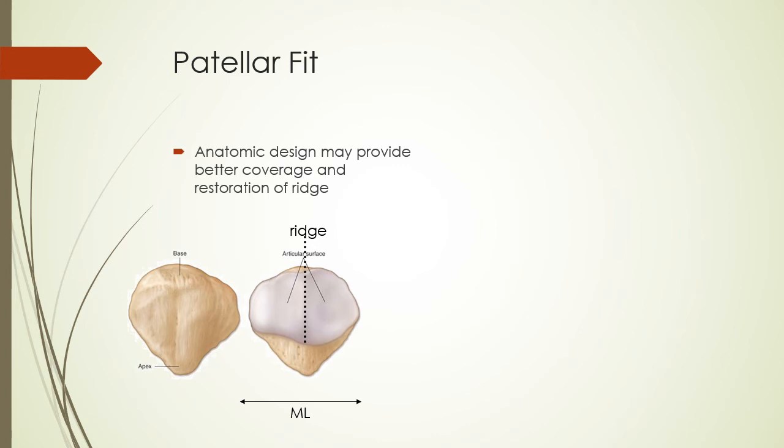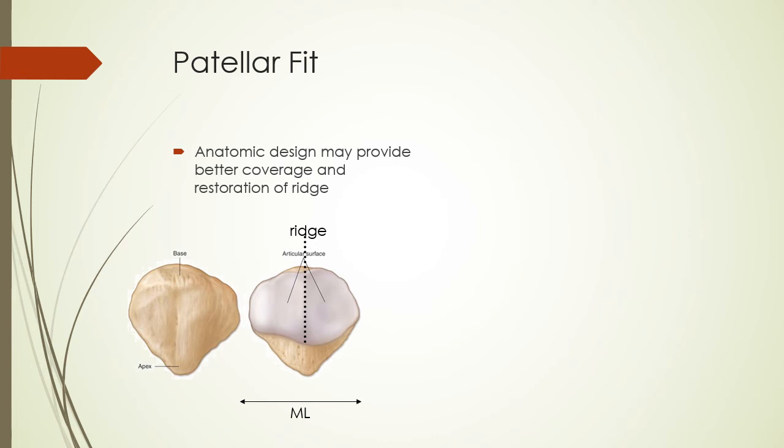From the patella standpoint, we have anatomic patella design available right now. For patella, we're talking about the articular surface and an ML ridge. For a good implant fit, you want to cover as much as possible of the resection surface to reproduce the articulation with good fixation.